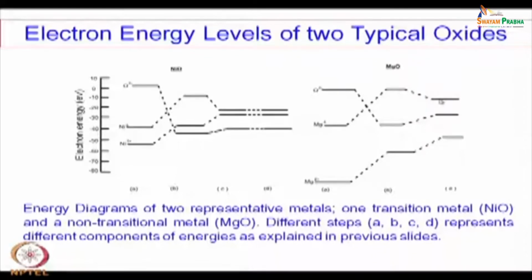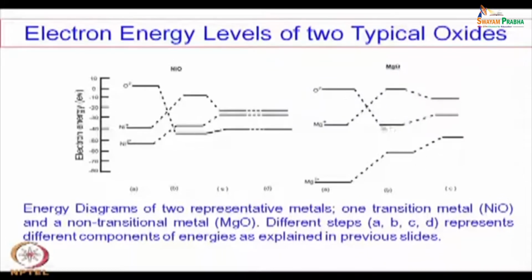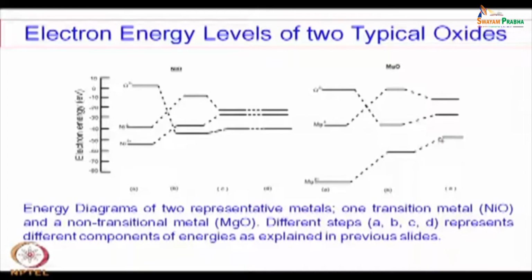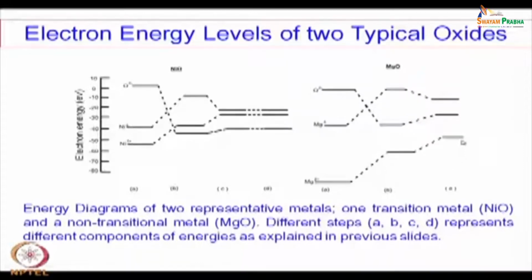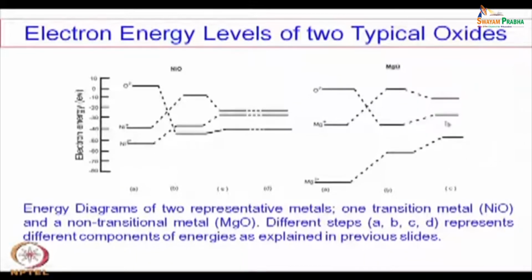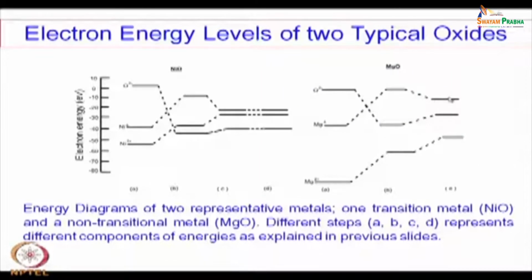Because of the polarization, all these energies change: Mg+ will go down, whereas oxygen will go up and Mg2+ will also go up. So, these are the different components of the energy associated with the different steps involved, and finally you will see that Mg+ is the highest, O2- is in between, and Mg2+ is the lowest.